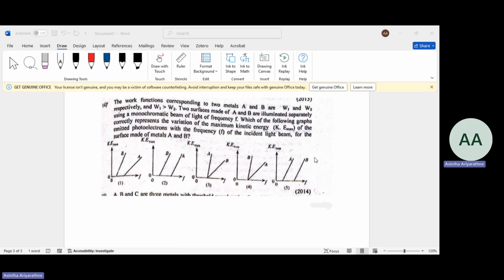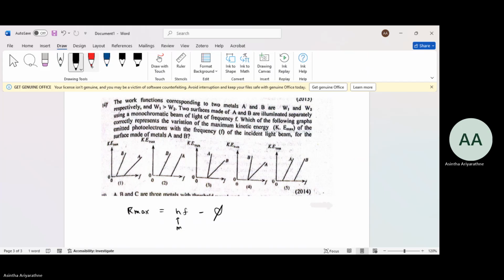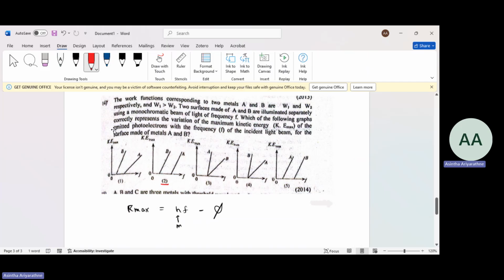The gradient is the same. K max equals hf minus phi, so the gradient h is the same. So they should be two parallel lines, and since W1 is greater than W2, A should intersect lower than B on the axis. Let's take a second.